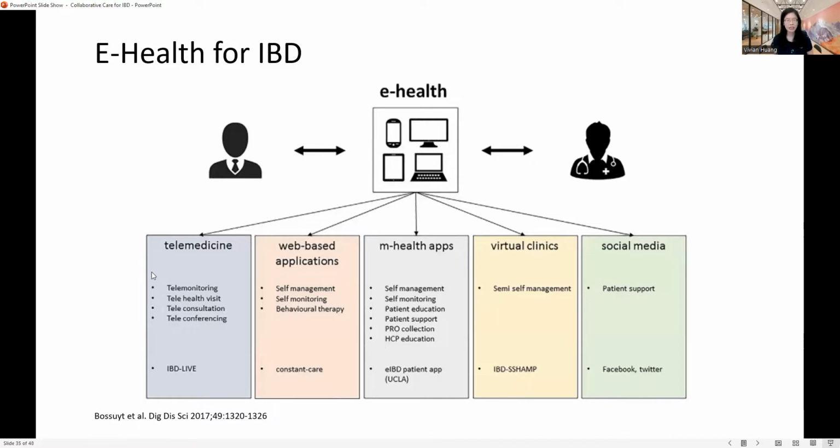So many provinces and territories have some kind of telemedicine, either phone visits or video visits, now supported by the public systems. Many patients may already be using apps of some sort, like Health Promise or others. Like CCC has an app now that patients can use to monitor some of their symptoms and get some education. And of course, patient social media.